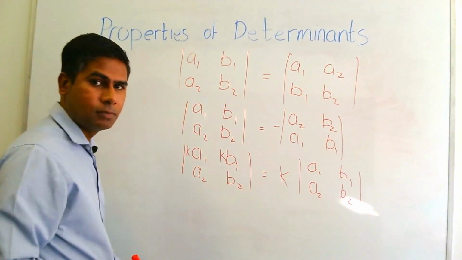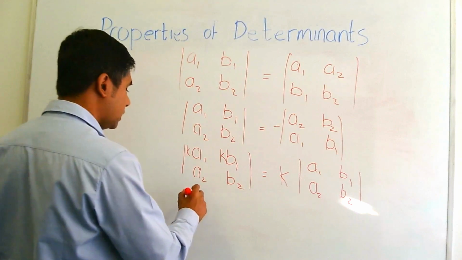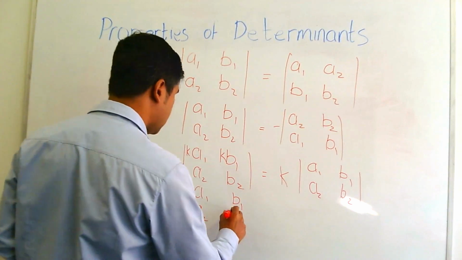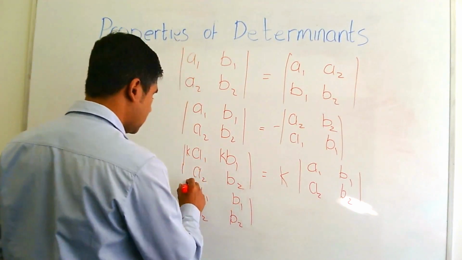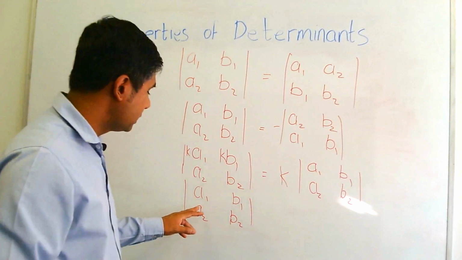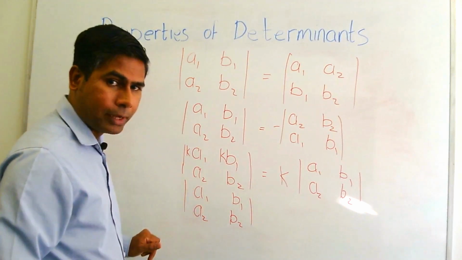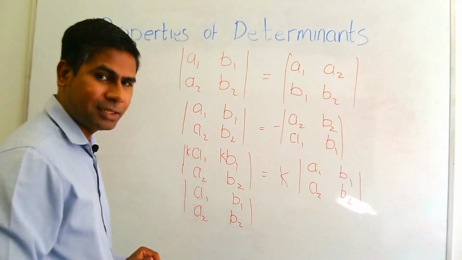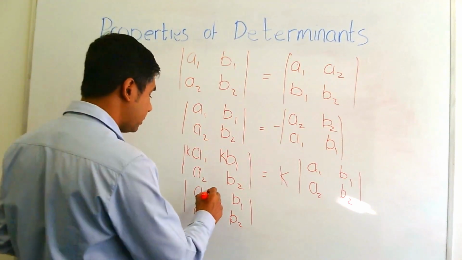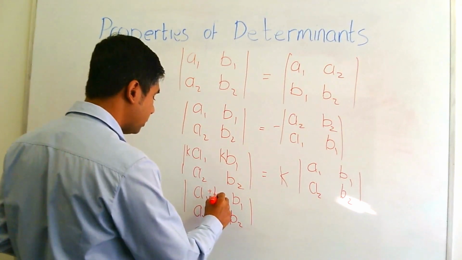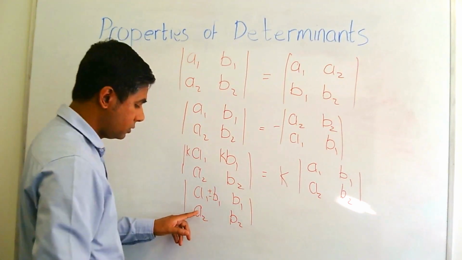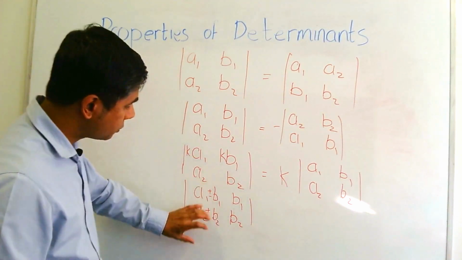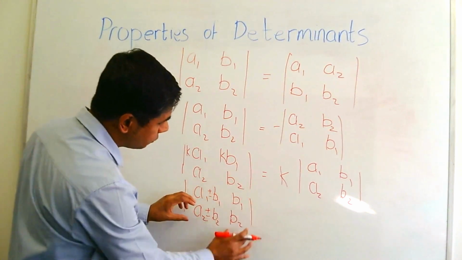Lastly, the final property that I want to talk about: with A1, B1, A2, B2, we can take, for example, column 1 and subtract column 2 from it, and we will still get the same determinant. So we take A1 and then we either add or subtract B1, and A2 we either add or subtract B2. We have taken this column and subtracted from it column 2.